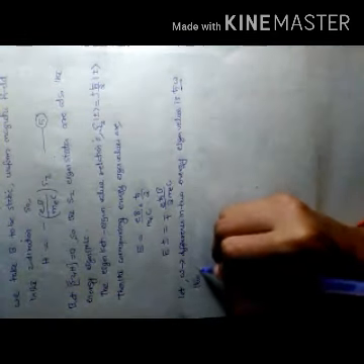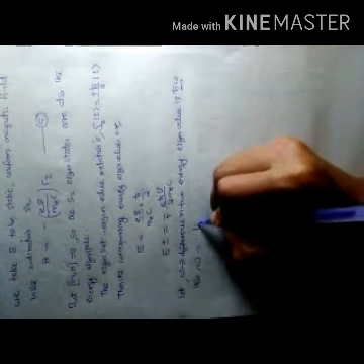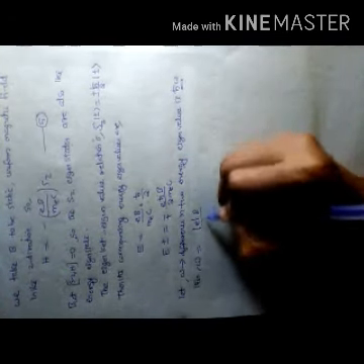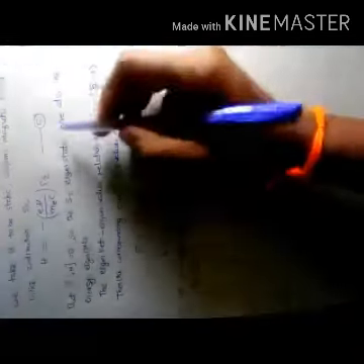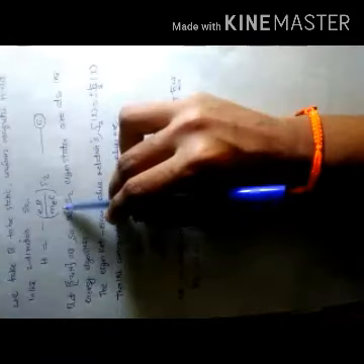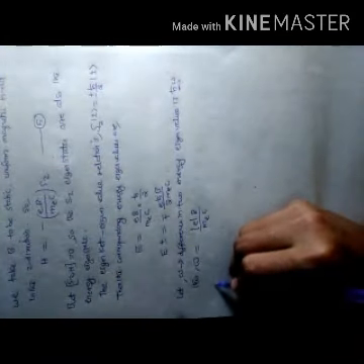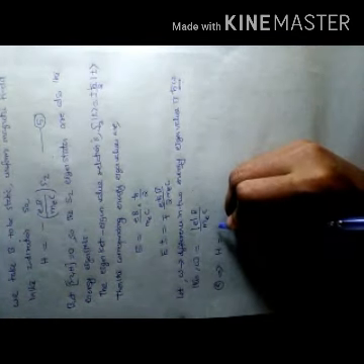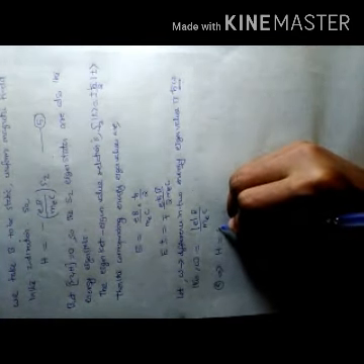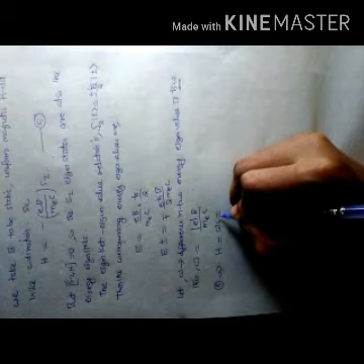Then omega equals mod eB by mc. Then equation 5 gives the Hamiltonian as omega Sz.